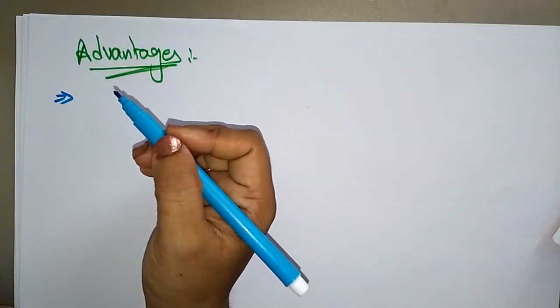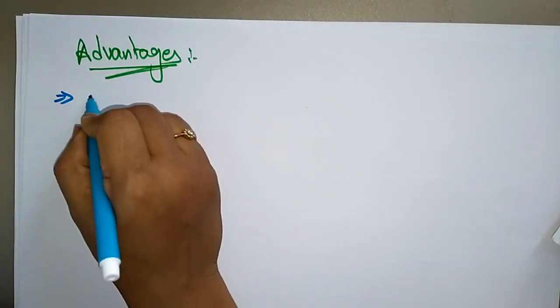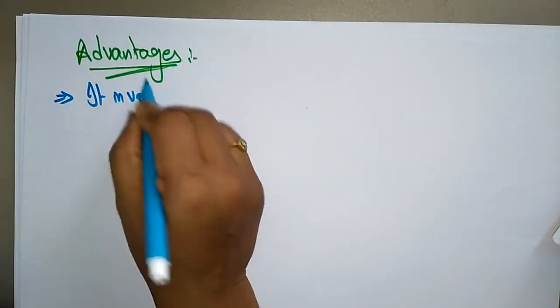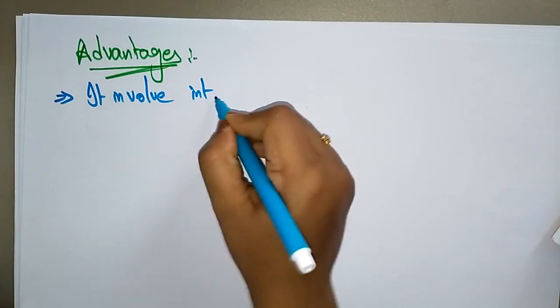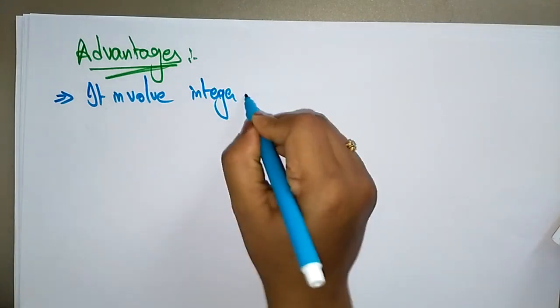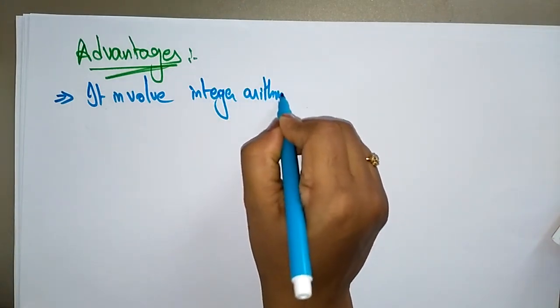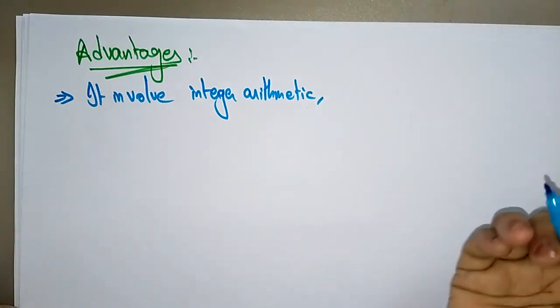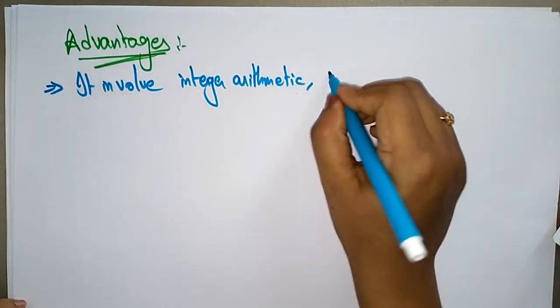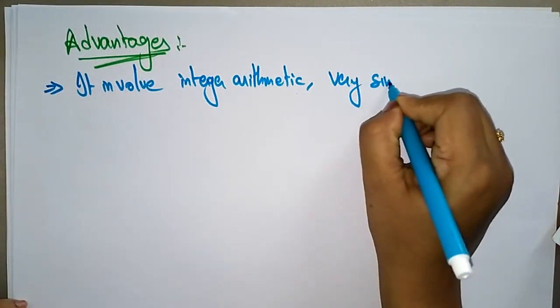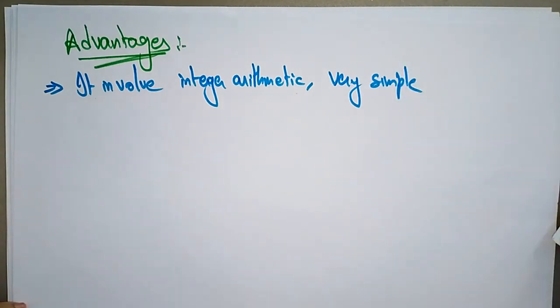The first one is that it involves only integer arithmetic, so it is simple. If you use floating points, it is very complicated, because floating points have to be rounded off and it takes a lot of time to calculate.